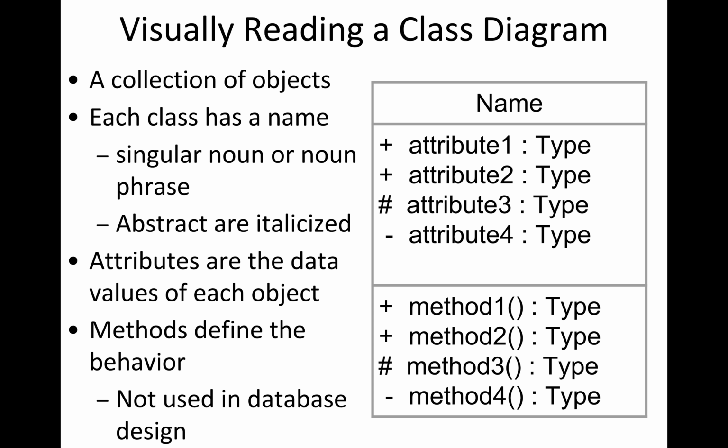But the raw data should never be made available outside. So this nomenclature of pluses, hashes, and minuses or dashes represents the accessibility, whether they are public, available outside of the class, whether they're only accessible in a hierarchical inheritance chain, or they're not accessible at all from outside of the class.